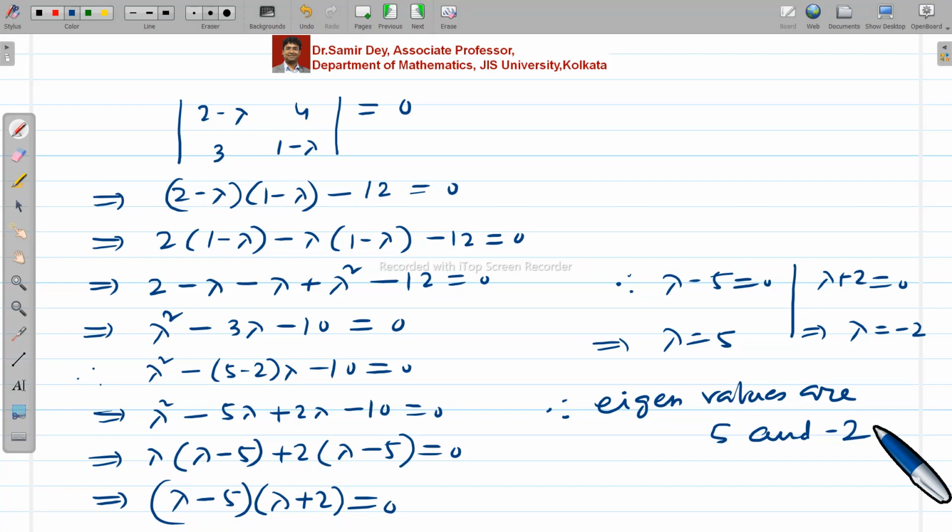Whatever values you get, these are called the eigenvalues of the given matrix. Clear? Now we have two eigenvalues. Then we will get two different eigenvectors. Now try to understand how to find the eigenvector of the corresponding eigenvalue. Clear?